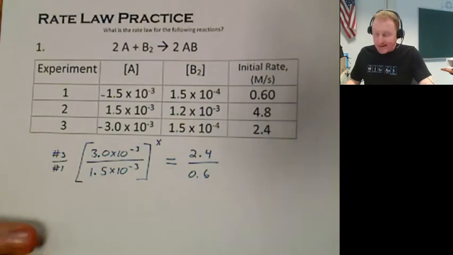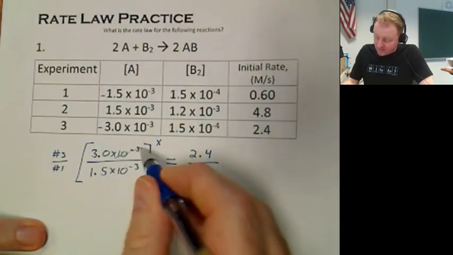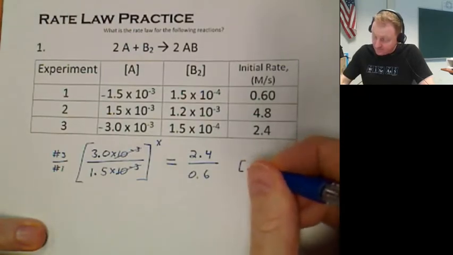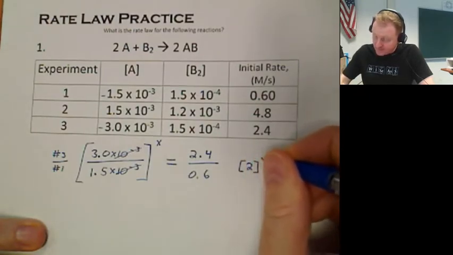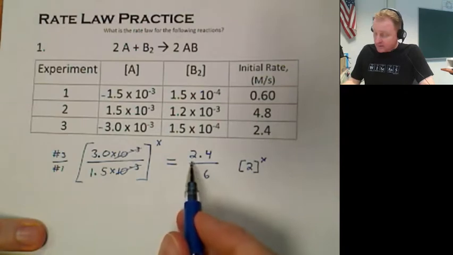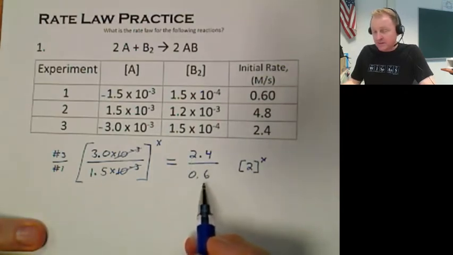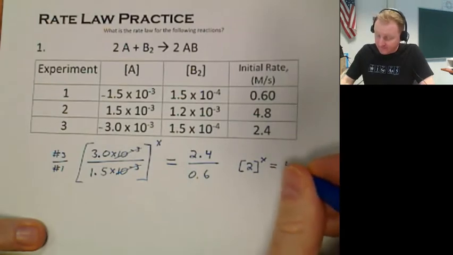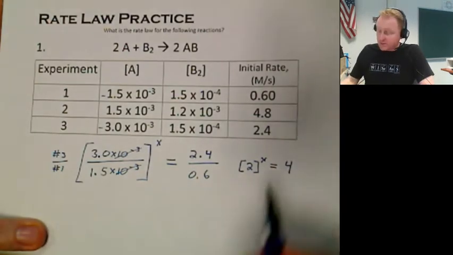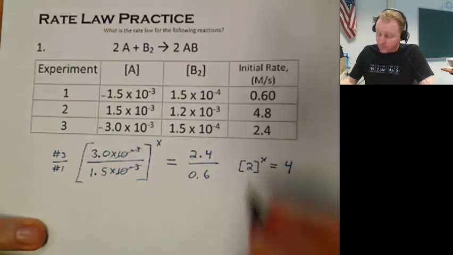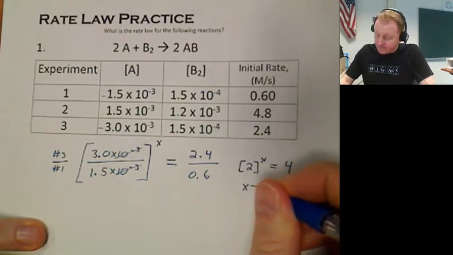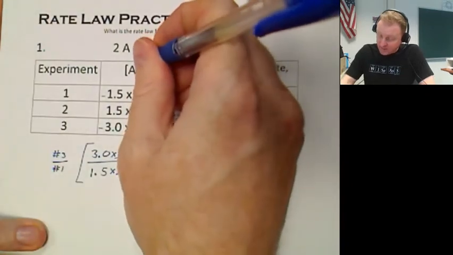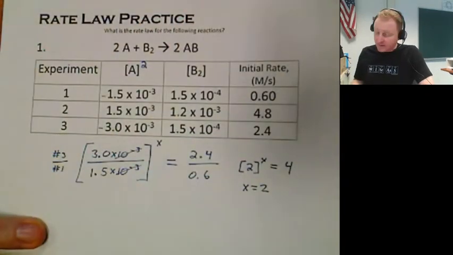In my head I can see that these cancel. 3 divided by 0.5 would be 2 raised to the x power, and 2.4 divided by 0.6 is the same as 24 divided by 6, which is 4. So 2 to what power is 4? That's the second power. So A is a second order reactant.